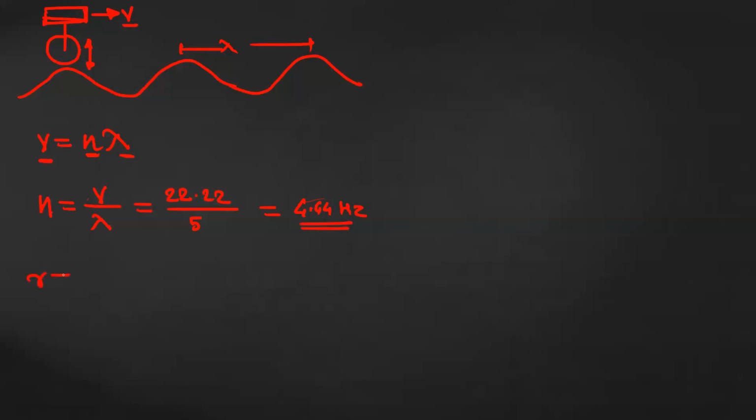So now to find the r value, we have the equation omega upon omega n. We need the frequency in terms of radians per second, so convert this: omega is equal to 2 pi into n. Just multiply hertz by 2 pi.